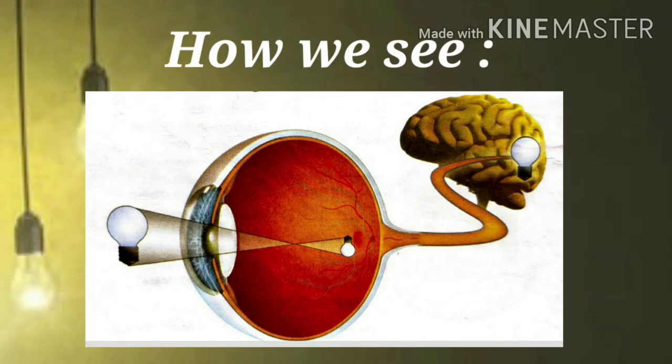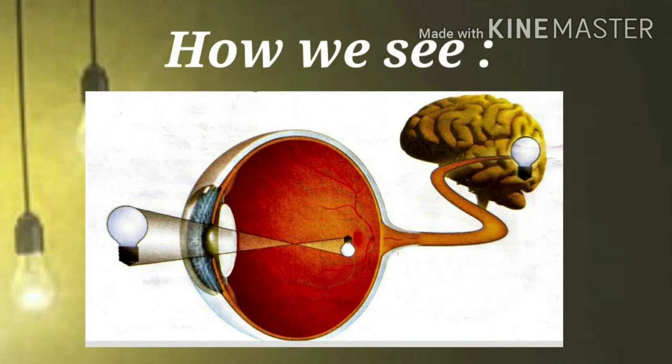When light rays reaches the lens of an eye, after passing through the pupil, they bend and inverted image is focused on a retina.